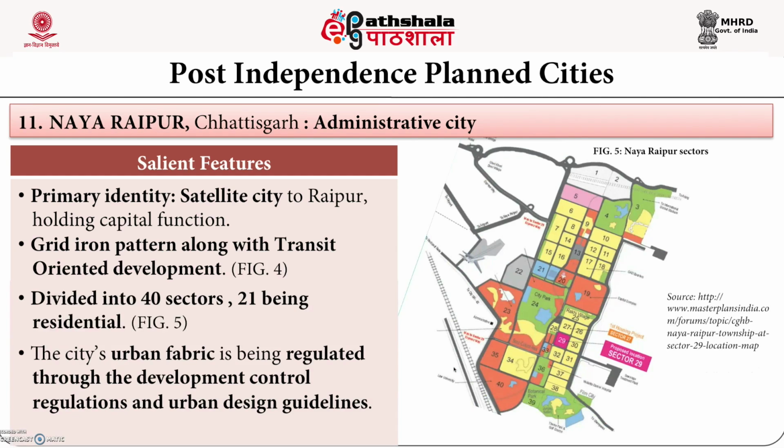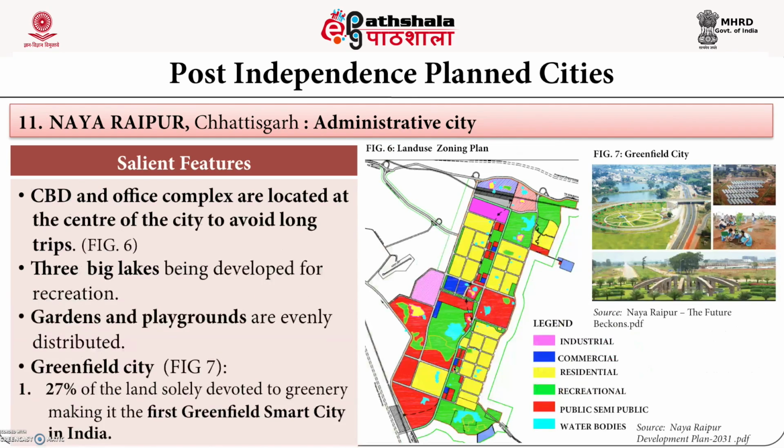The city's urban fabric was regulated through development control regulations and urban design guidelines. It's more or less a linear development, a grid pattern, with the industrial areas on one side, the commercial areas in the center and along the transit corridor, and the recreational areas free flowing from one part to another, connecting to the peripheral areas.